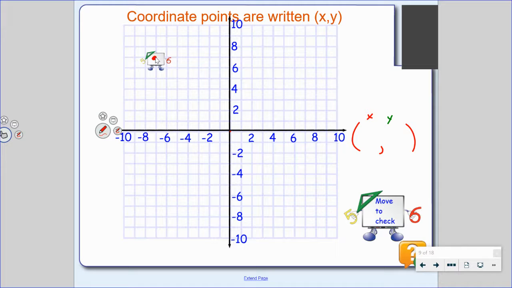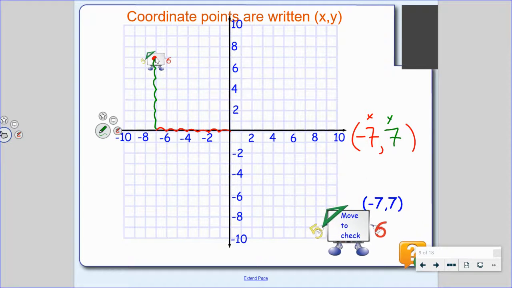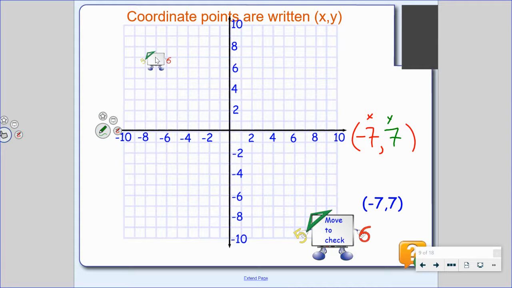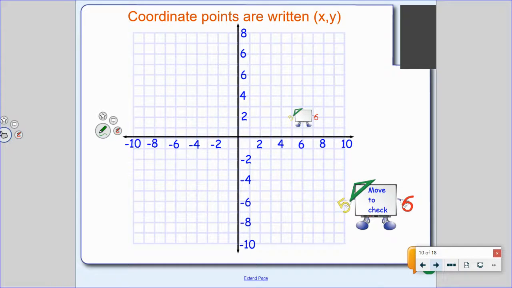So the x-coordinate appears to go -1, -2, -3, -4, -5, -6, and -7 to the left, while the y-coordinate goes 1, 2, 3, 4, 5, 6, and +7 up. Therefore, the ordered pair for this point will be (-7, +7). Pause, rewind if you need to.